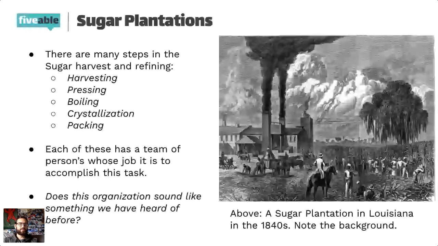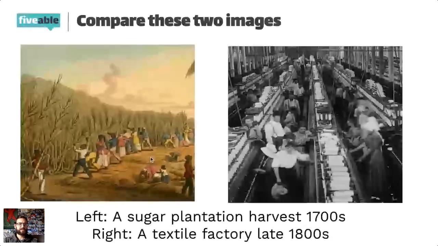And so take a look at these two photos. On the left, you have a sugar plantation, and on the right, you have a textile factory. What similarities do you notice between these two photos? You have workers working in a line. Everyone's doing the same thing.